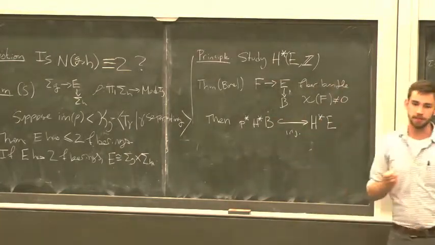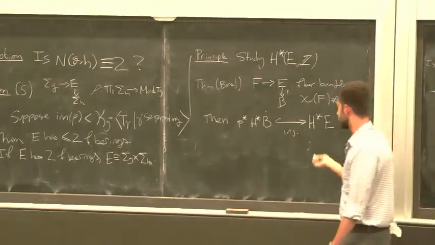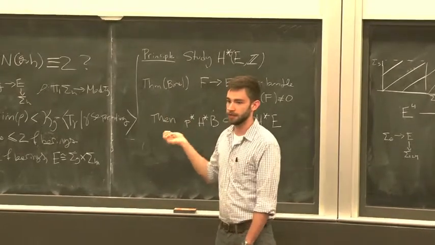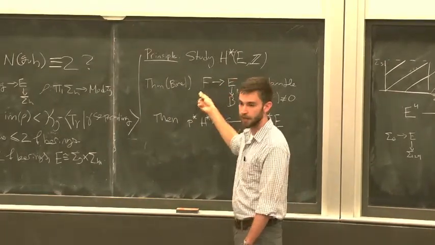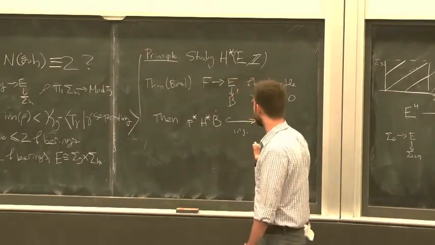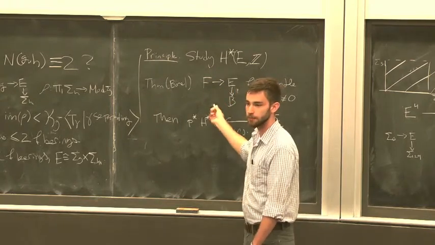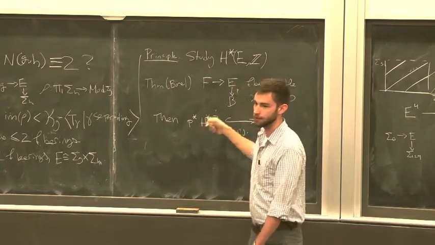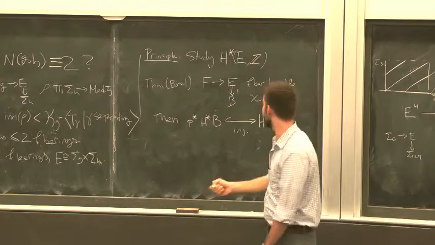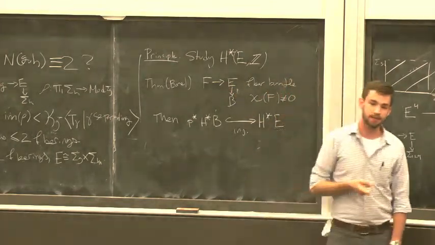So for our purposes, we can apply this as follows. The assumption that g and h are bigger than 2 tells us that this theorem applies. And so every time you have a fibering, you have an injective map from the cohomology ring of a surface into the cohomology of your total space.